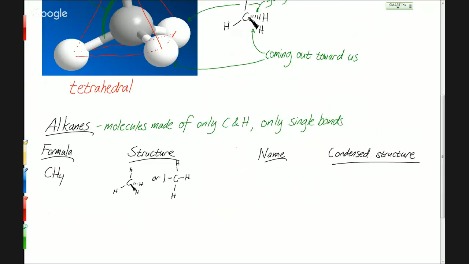So we're going to stick with the regular 90-degree type structures just to make things easier right now. The name of that is methane. And in a condensed structure, we're going to condense the hydrogens onto the carbons that they are attached to. So for methane, that's pretty simple. There's only one carbon, so the condensed structure is just CH4. As we get bigger, you'll see there starts to be a difference between the formula and the condensed structure.